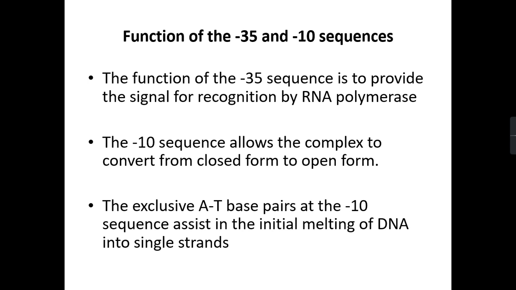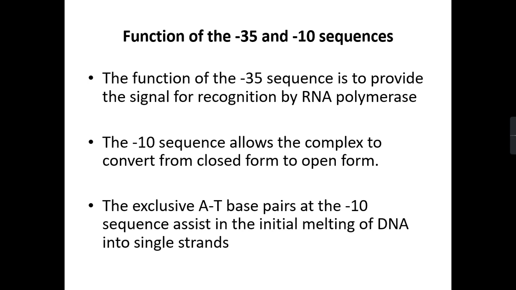And the -10 sequence allows the complex to convert from closed form to open form. If it is in closed form, we cannot have transcription occur. But if it is in open form, transcription will be able to occur.